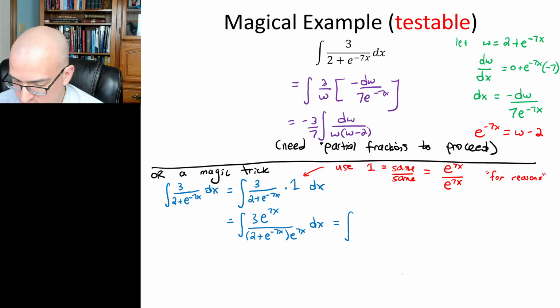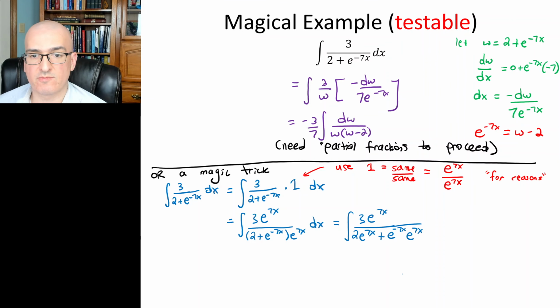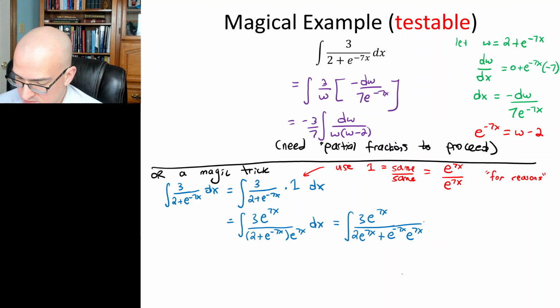So that's going to be the integral of 3 e to the 7x over 2 e to the 7x plus e to the negative 7x times e to the positive 7x, just multiplying those bottom two terms together, dx.